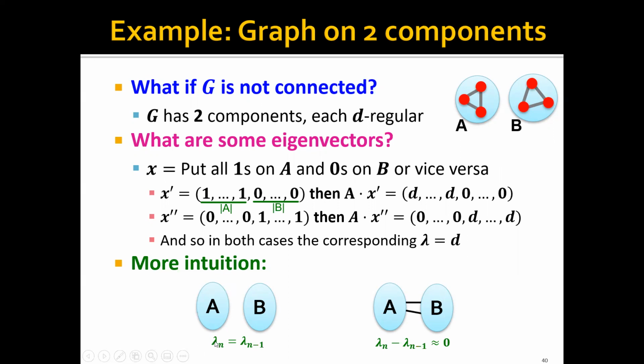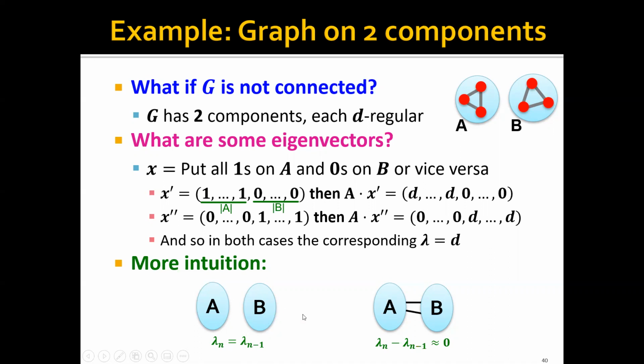So we can say that lambda n is equal to lambda n minus 1, where lambda n is the largest eigenvalue and lambda n minus 1 is the second largest eigenvalue. Lambda n corresponds to one group or community of graph G, and lambda n minus 1 corresponds to another group or community of this graph G.